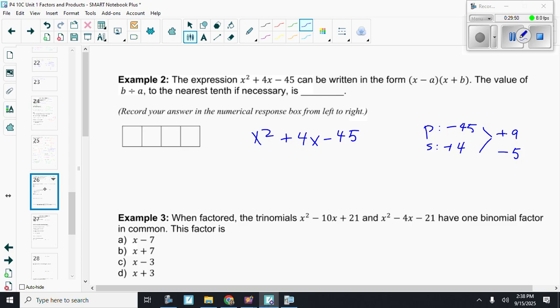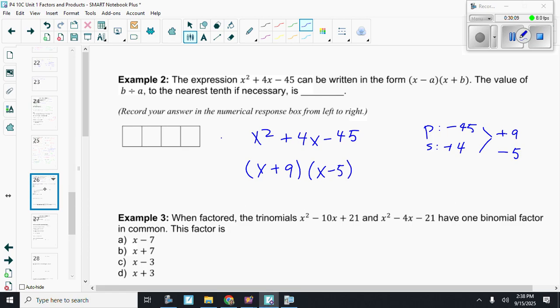When we were just looking at the negative 45, we maybe weren't sure which one was positive and negative. So clue number 2 is the sum part. And then from there, we can go x plus 9 and x minus 5.